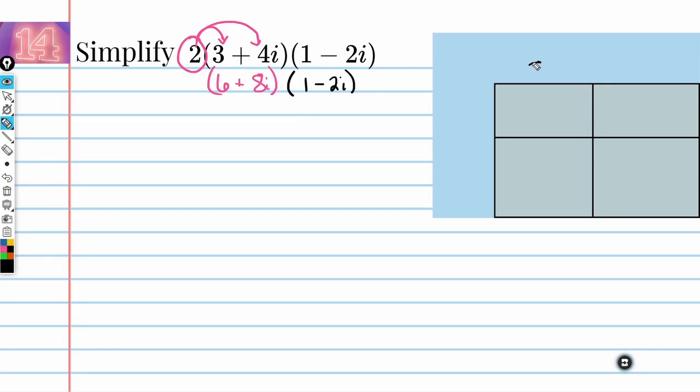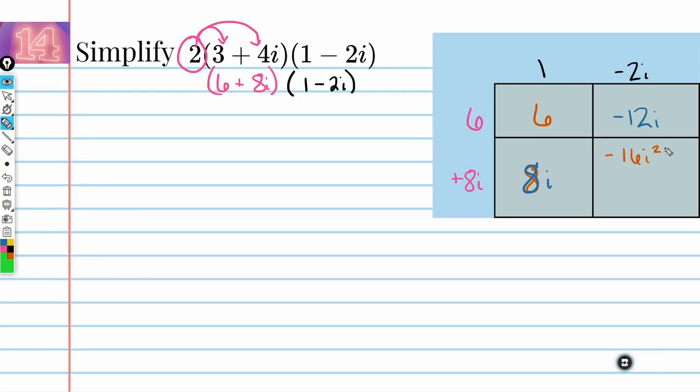We're going to write 1 minus 2i on the top and 6 plus 8i on the side. Doesn't matter the order. So 6 times 1 is 6. 8i times 1 is 8i. 6 times negative 2i is negative 12i. 8i times negative 2i is a negative 16i squared.